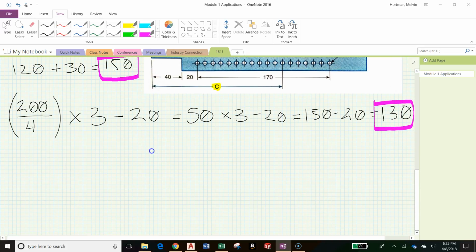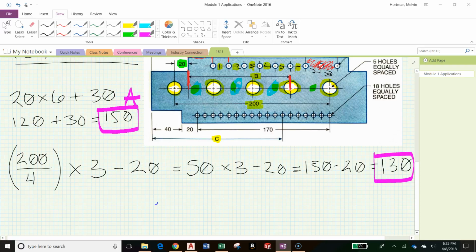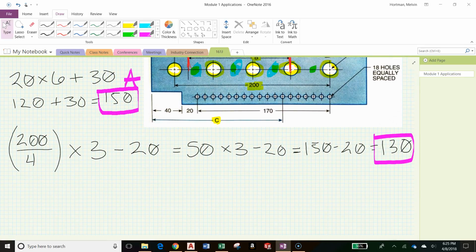So with C, it looks like we have a total distance between holes of 170, and we have 18 holes. This is a lot of holes, so let's just minus 1 to get the number of spacings. That's going to be 17 spacings between the holes. We'll do this one the same way as the past two.